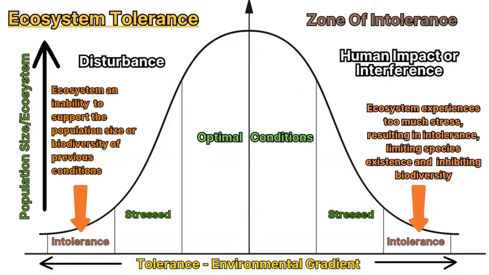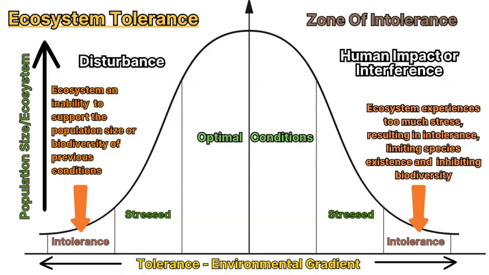This could be the limiting factors, the abiotic or biotic components, a combination, a disturbance, or human activity, but something is happening to this ecosystem that has taken it from the optimal conditions of functionality, of biodiversity and high levels of everything, a very healthy ecosystem, into the stressed zone where there are changes and levels of intolerance, and then into this final stage where this ecosystem is not functioning.